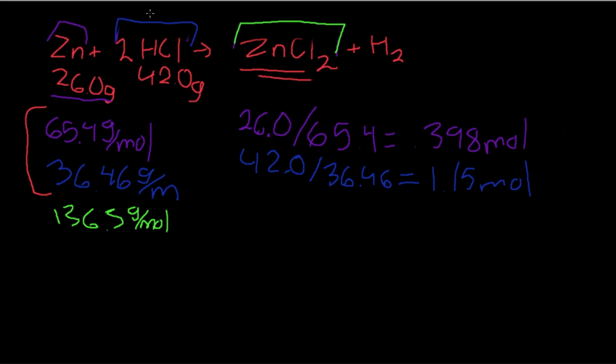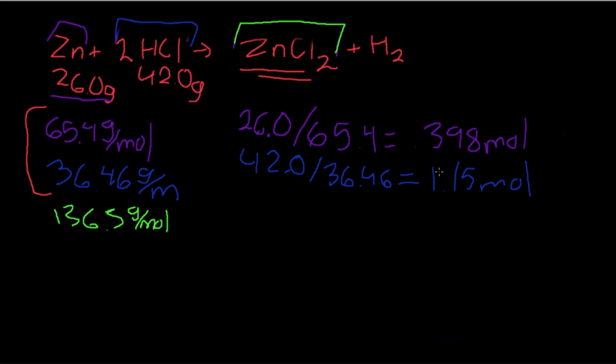That means if this amount of moles is over double of this amount of moles, and this works for any numbers, just the one that's bigger. So let's say if this was 4 and this was 3, 4 over 3 times as big, then we would have to go with this as our limiting reactant.